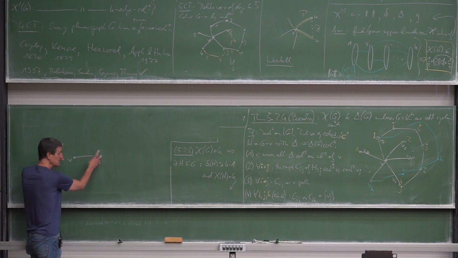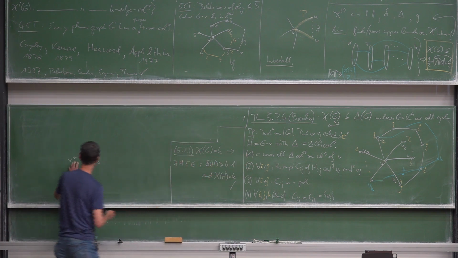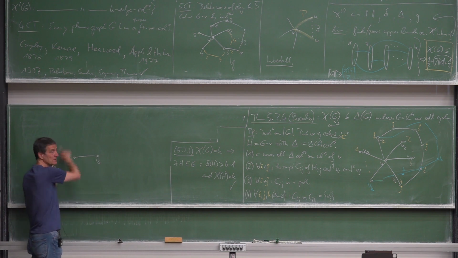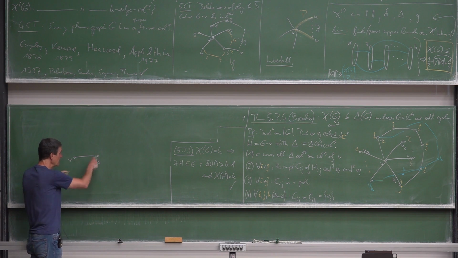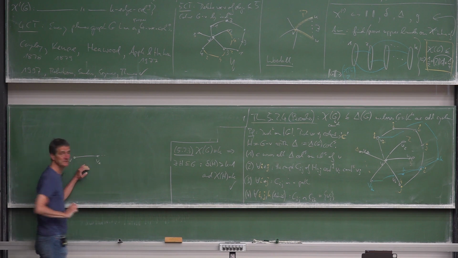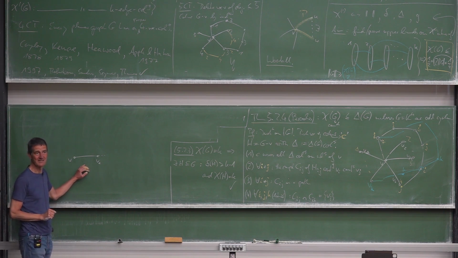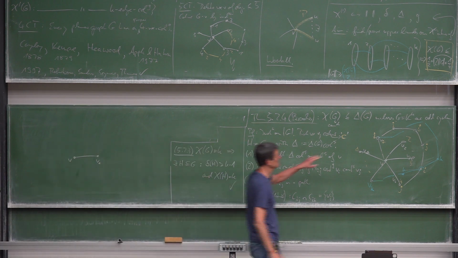Right? V has delta neighbors. If it doesn't have delta neighbors, then we're violating 1. So V has delta neighbors. If they make a complete subgraph, then together with V, we have a K delta plus 1. And in this subgraph alone, every vertex has degree delta. So they couldn't have any other neighbors. That would be the entire graph. And then we'd be in this case.